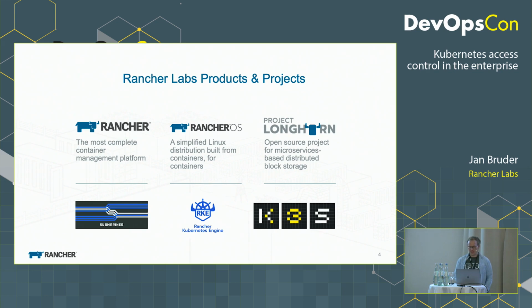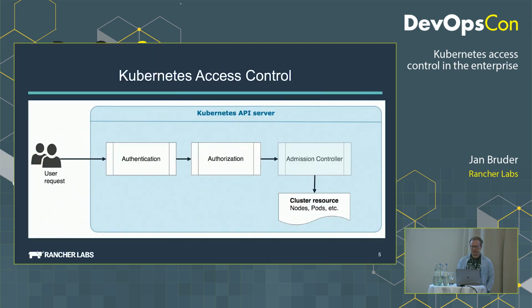So let's look at what Kubernetes Access Control is about. Basically it involves two processes which are between a user request and a resource in Kubernetes. And the two processes that we are focusing on today are the authentication and the authorization.